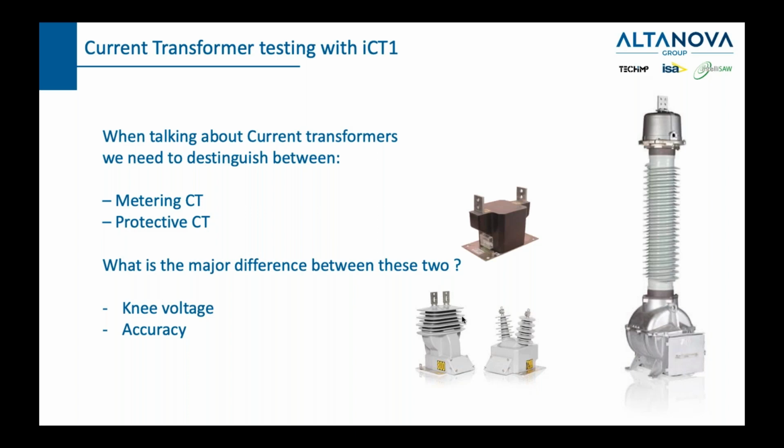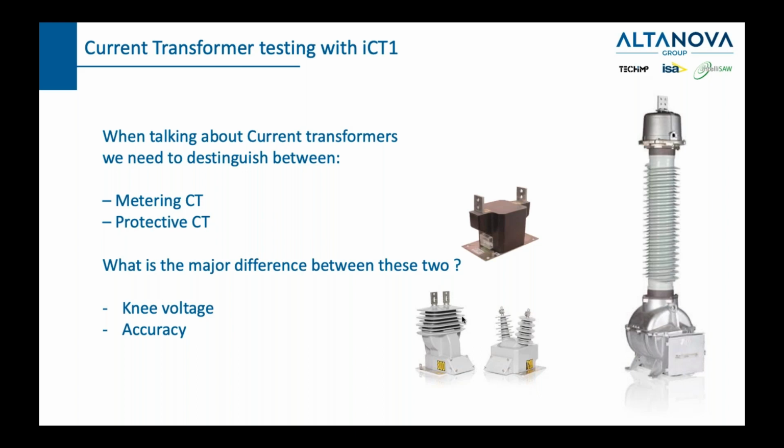The knee voltage being high means that the current will be accurately transformed from the primary to the secondary side, even for high currents, much higher than the nominal value. For the metering CT, that is not necessary. Actually, that is forbidden because we want to protect the sensitive inputs of the metering equipment when the current is too big. So this is the knee voltage.